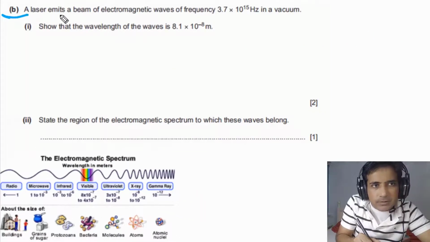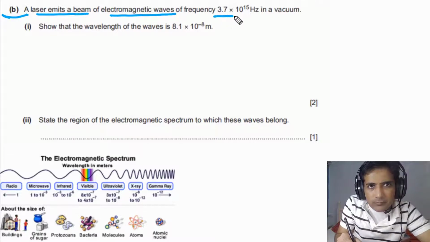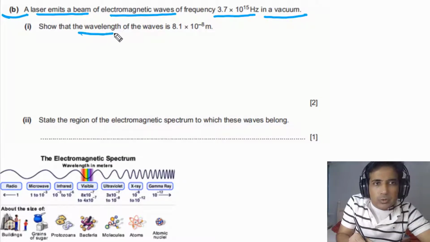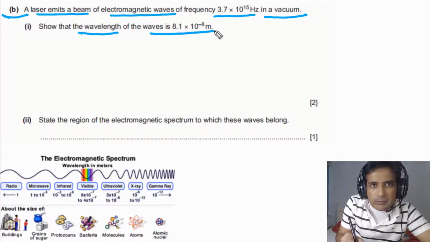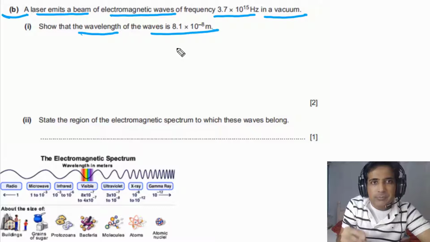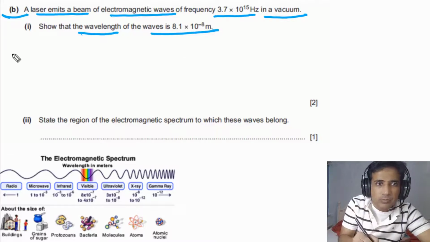For part B, it is given to us that a laser emits a beam of electromagnetic waves of frequency 3.7 times 10 to the 15 in a vacuum. We need to show that the wavelength of the waves is equal to 8.1 times 10 to the negative 8. First of all, we need to understand these are electromagnetic waves, meaning the type of wave and the type of medium. In this case, the medium is vacuum and the waves are electromagnetic waves.